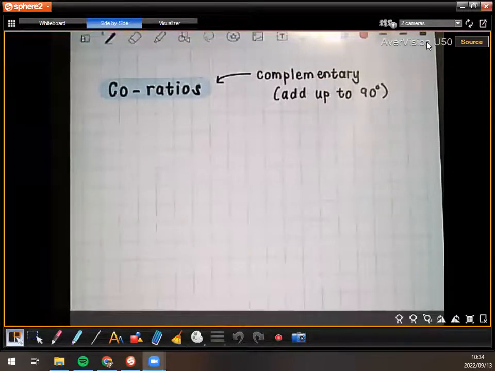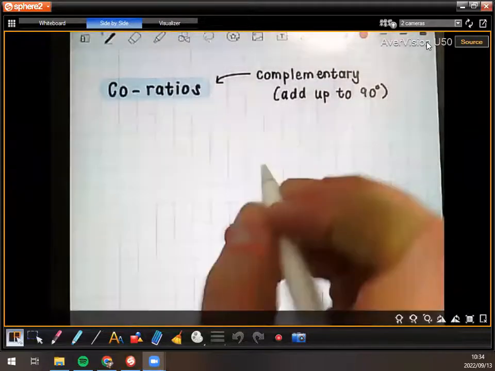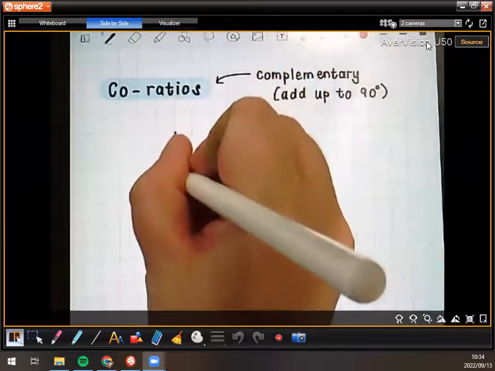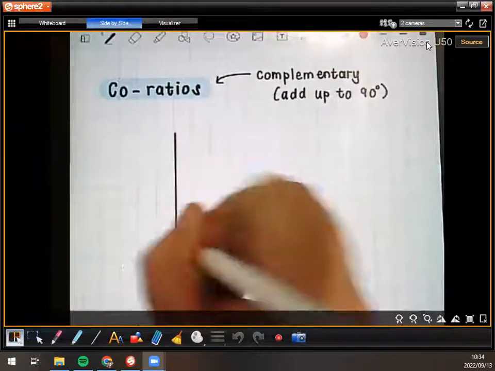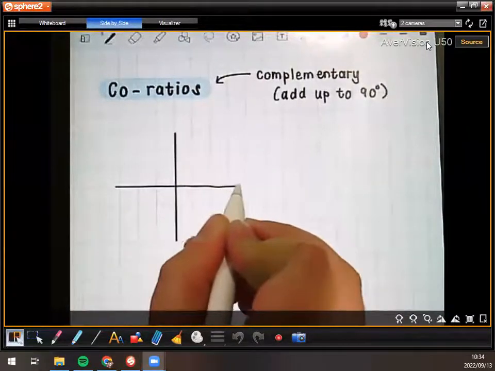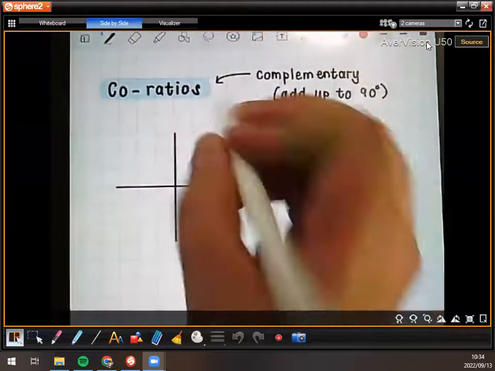Guys, I don't know if you noticed when we were doing reduction formula before, we just looked at 180 and 360, right? We didn't look at 90 degrees at all. So again, I wanted to draw a little Cartesian plane, and now we're going to add in some angle measurements here.